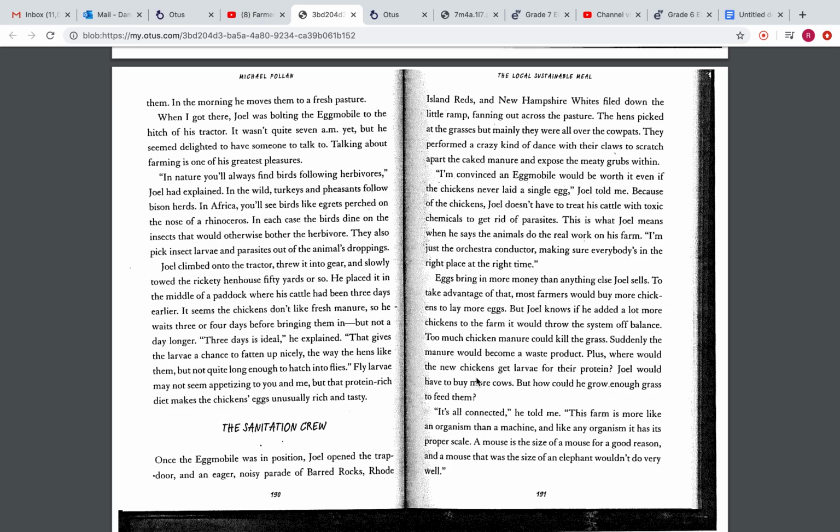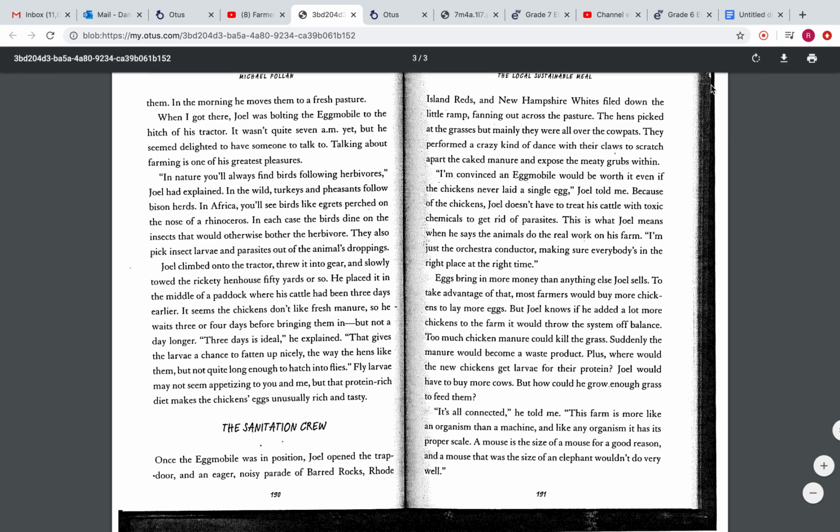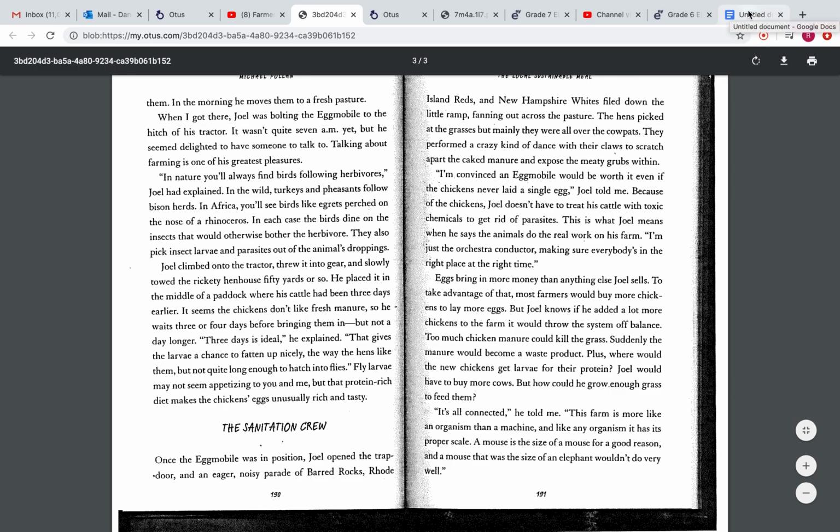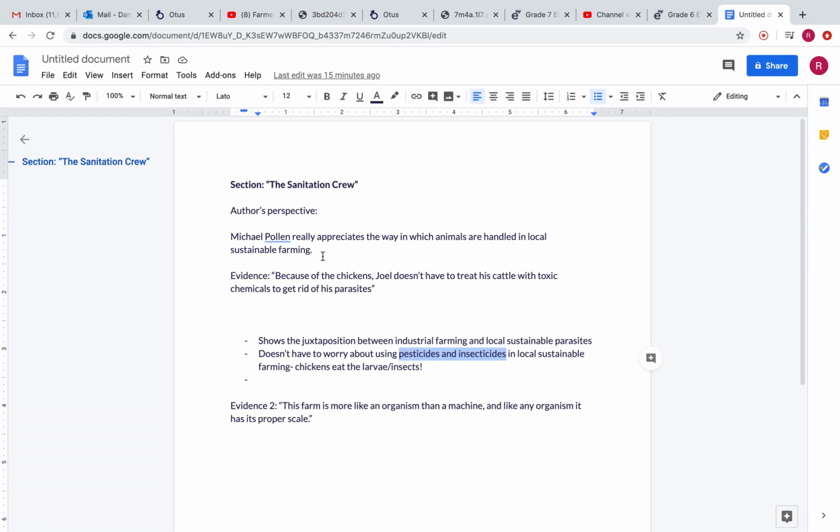All right. So he clearly has a positive attitude towards local sustainable farming based on what we have just read, right? So we just determined the author's perspective, and we located 2 pieces of evidence, right?